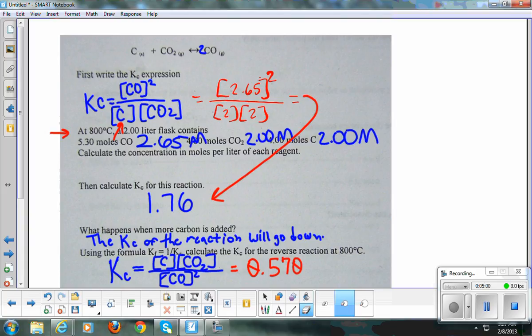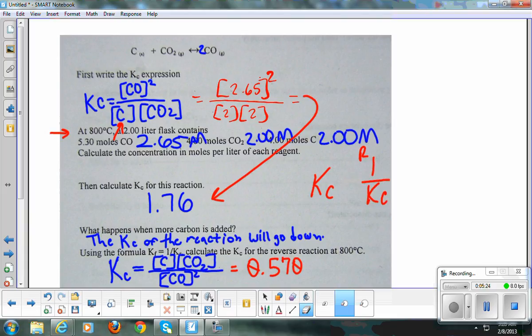And then for the reverse reaction, remember that in thermodynamics, when we reverse a reaction, what do we do to delta H? We change the sign, right? We just went positive and negative. With Kq, you have to flip it, literally. So Kc, to go backwards, you go 1 over Kc, and this is the reverse.